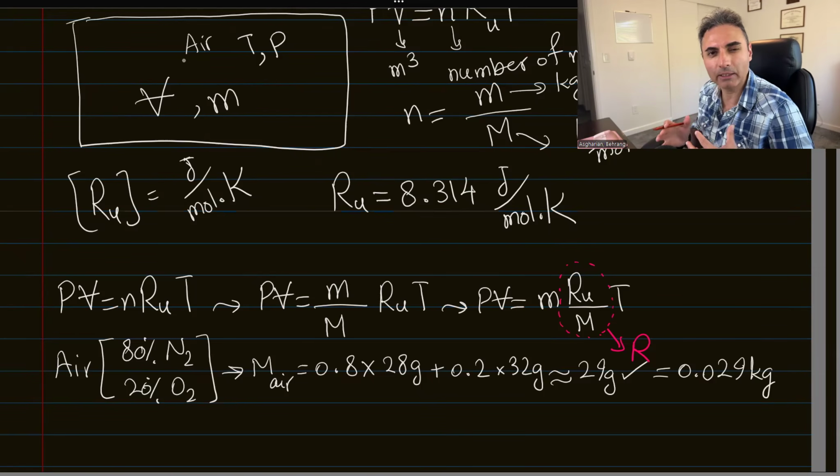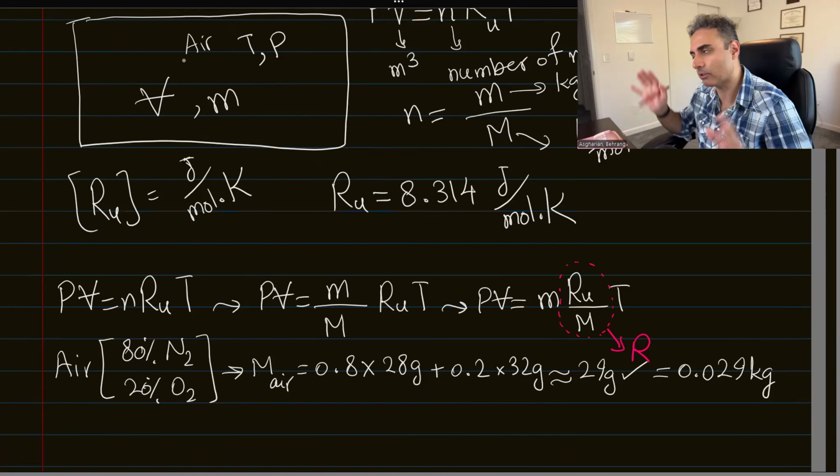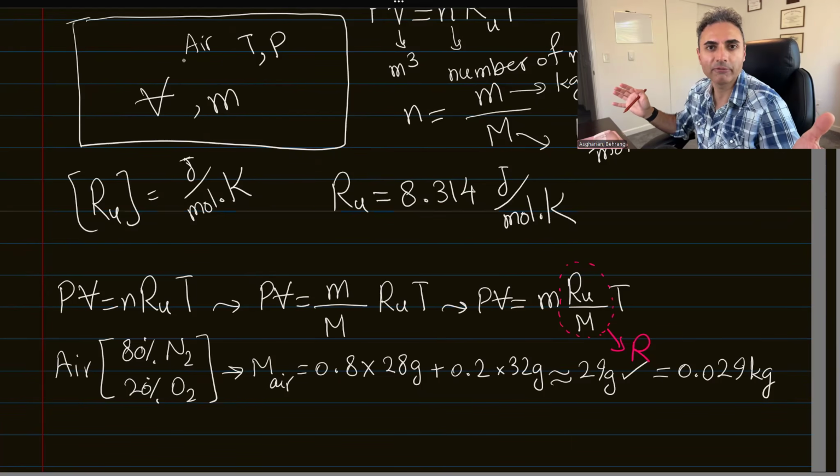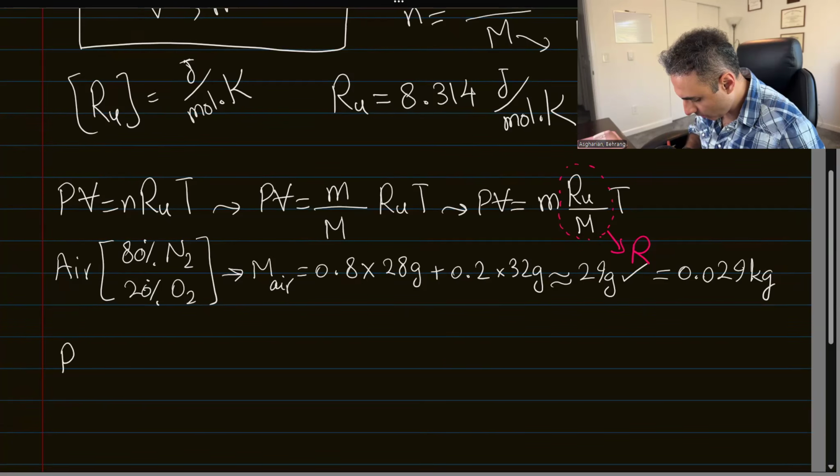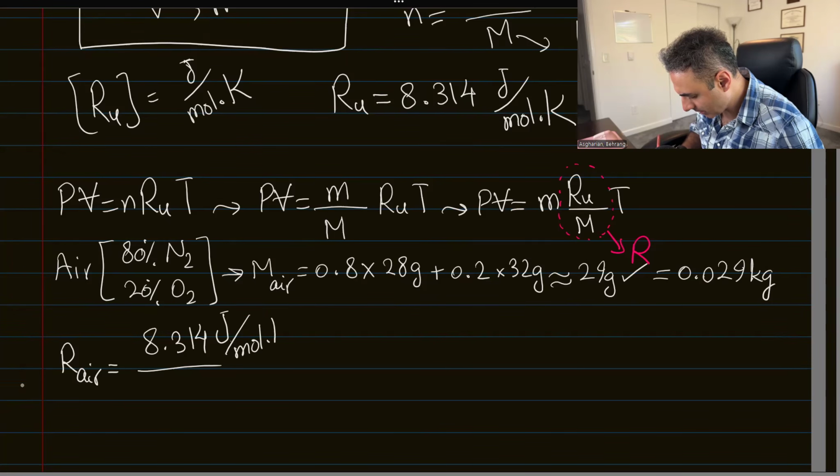Now, if I want to calculate the value of R, not the universal R, I know that is 8.314, but the specific R for just air, I can do that. R for air in this case would be 8.314 joules per mole Kelvin divided by 0.029 kilograms per mole, which gives you a value very close to 287.